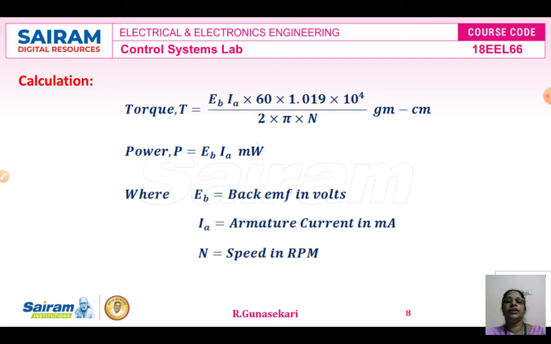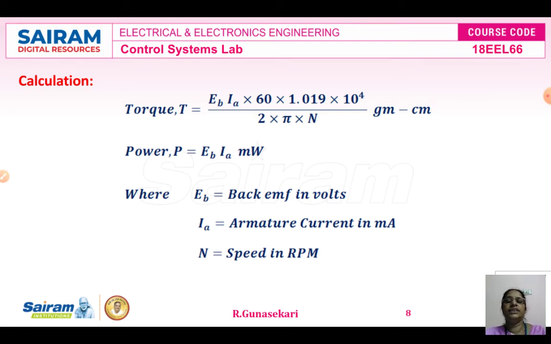The torque is T equal to EB IA into 60 into 1.019 into 10 to the power 4 divided by 2 pi N. The unit is gram centimeter. Normally the torque unit is Newton meter, but here because the load is different, the torque unit is gram centimeter.